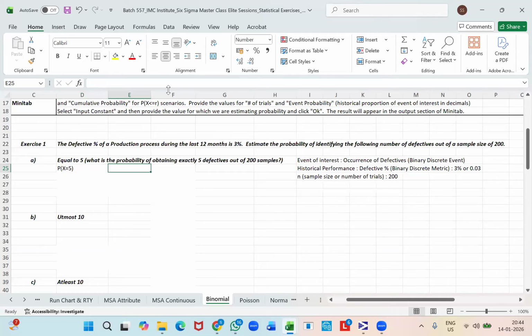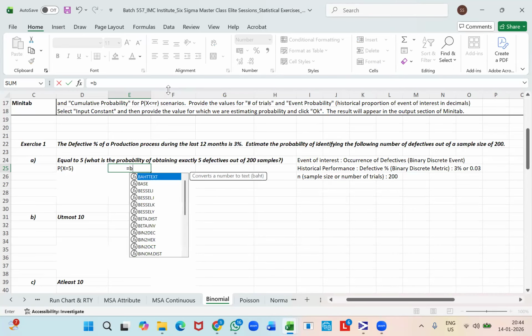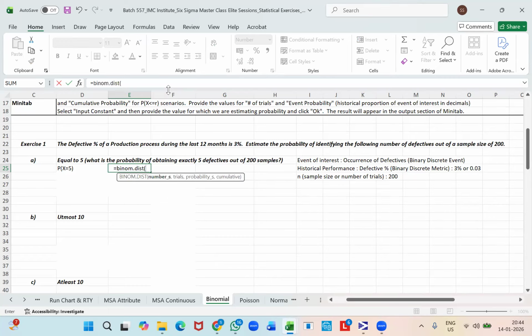So I can straight away apply the Excel formula for binomial probability and estimate the value. The binomial probability Excel formula will be equal to binom dot dist, and then open bracket. Again I repeat, if you find this calculation logic slightly difficult to understand, absolutely no issues.